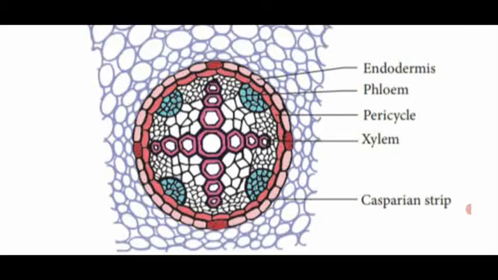Inner to the pericycle, xylem and phloem are arranged in a radial manner. At the center they have large metaxylem. As they grow towards the periphery or margin, the xylem becomes very small. The last one is very small, that is called protoxylem.